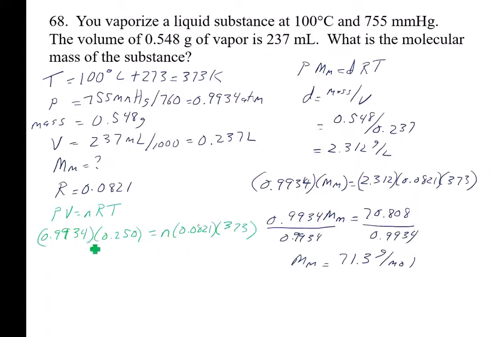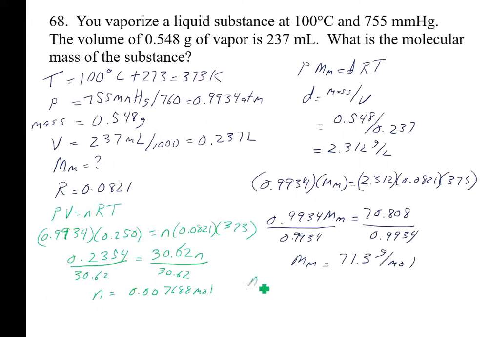So I multiply these two terms together and I get 0.2354. I multiply these two terms together and I get 30.62 n. So I divide both sides by 30.62. So n is equal to 0.007688 moles. But that's not what it was actually asking for. It was asking for the molar mass.